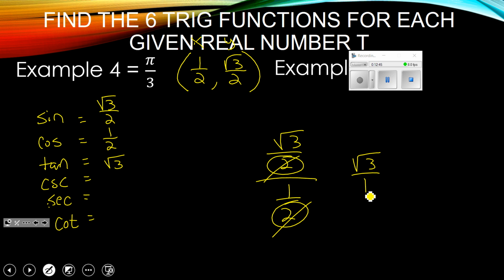And so when I list it out, this is how I do it as I get to my other ones. When I list it like this, I imagine my fraction bar right here, and I can do these in my head because I know those cancel, and so I know it's square root of 3 over 1, or square root of 3. Does that make sense? As you list it, you can start to do it. Just be careful.